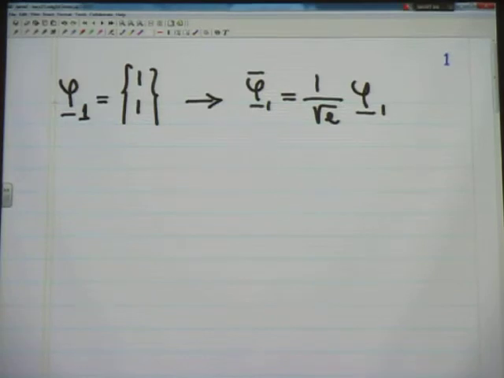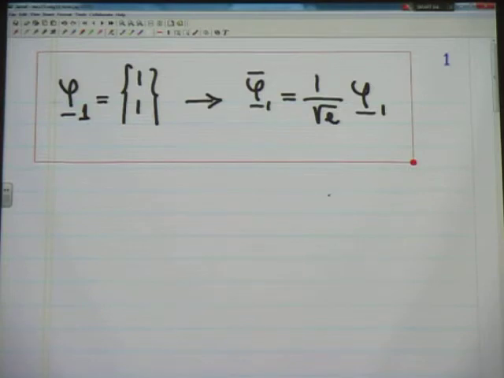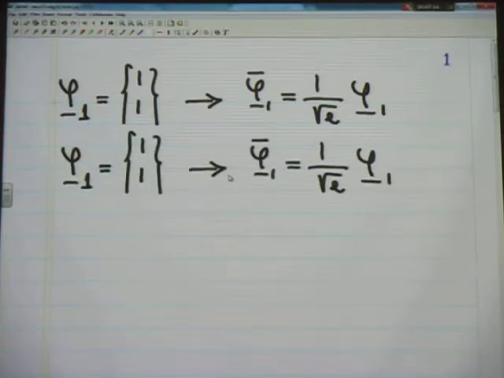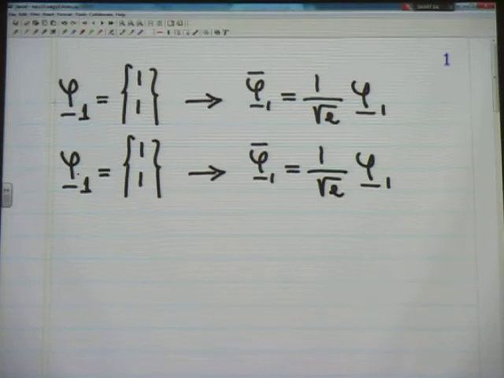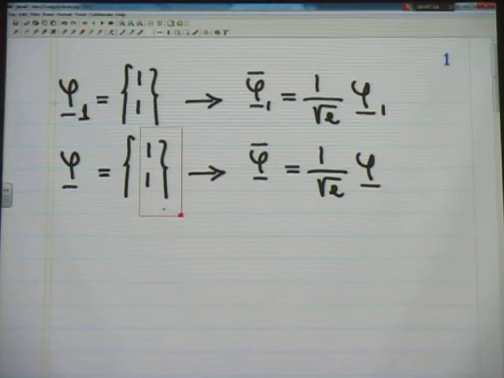And similarly for phi 2, all you need is to replace the index by 2.